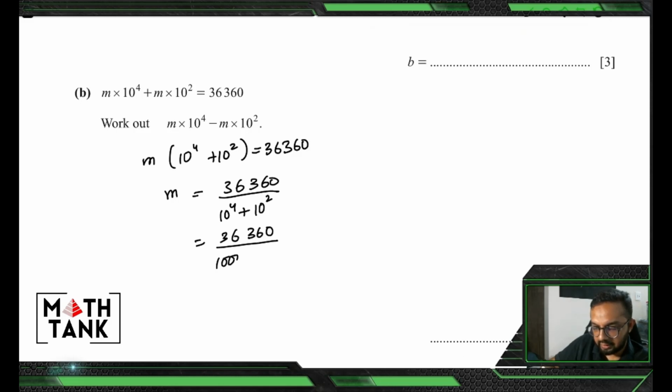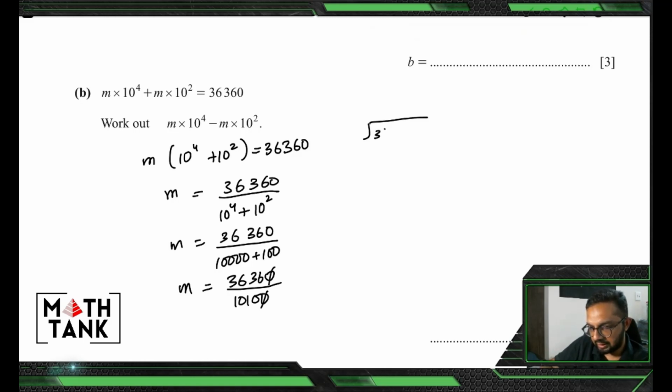So that's 10,000 plus 100. So m is therefore 36360 divided by 10100. The zeros cancel out. Is 3636 divisible by 101? Let's check that.